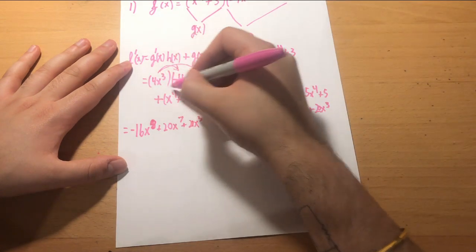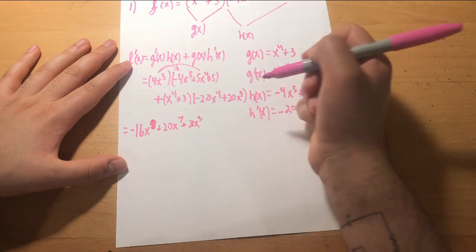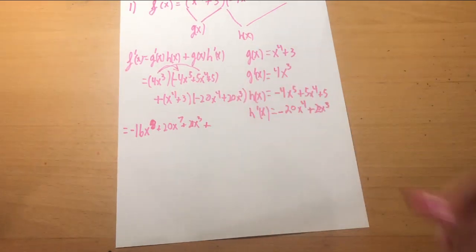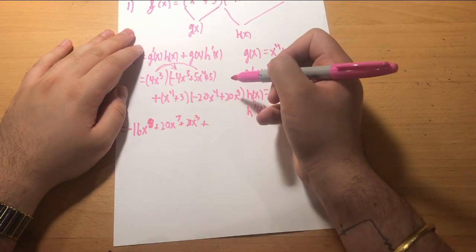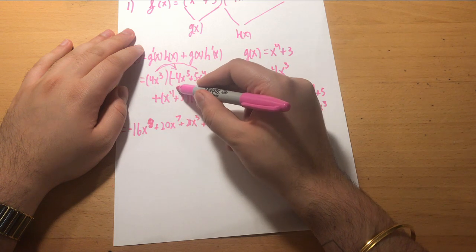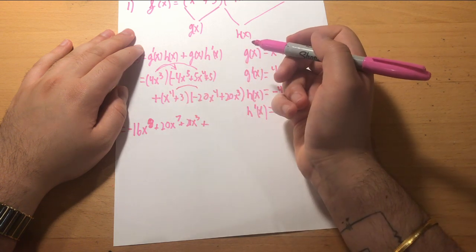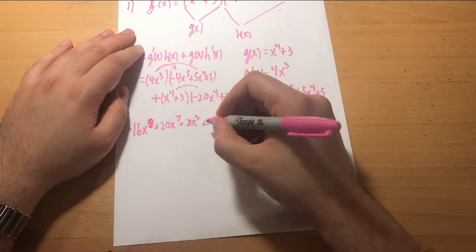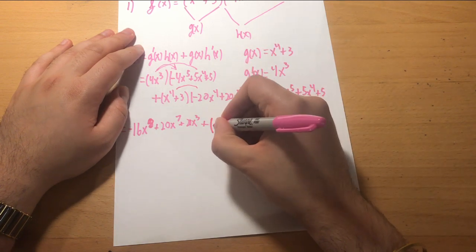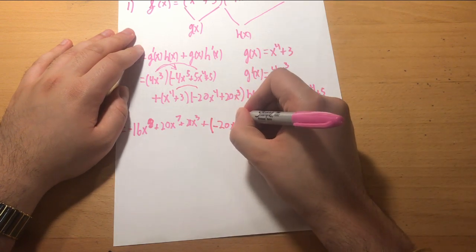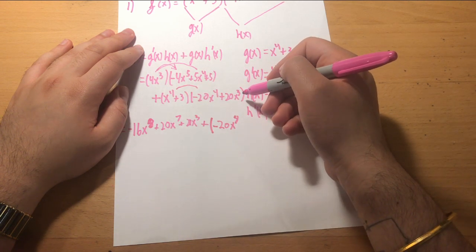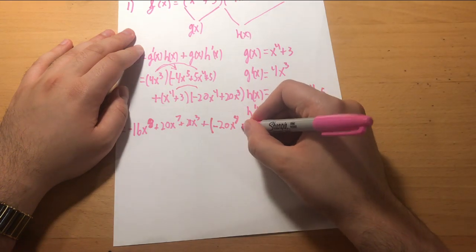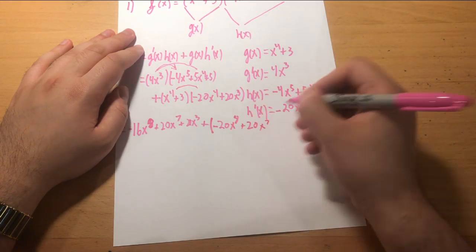So now we've done this half. We have to go about doing this half. Okay, so again, you should be used to distributing. x to the fourth times negative 20x to the fourth should be negative 20x to the eighth, and x to the fourth times positive 20x to the third is positive 20x to the seventh.